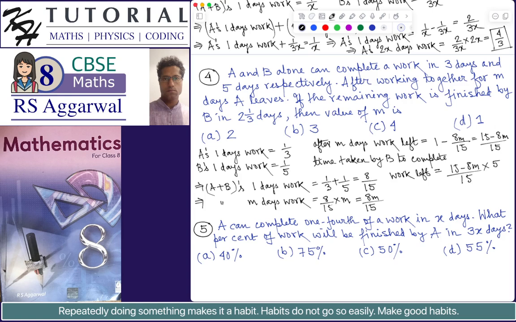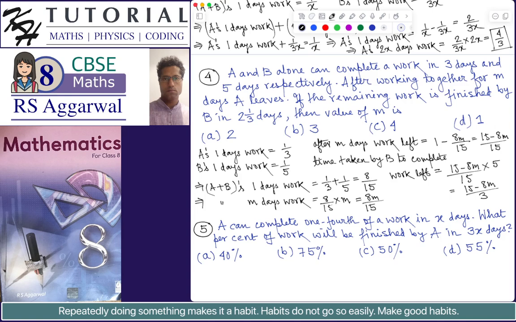The 5 is actually coming from 1 by 1 by 5. 1 by 1 by 5 is 5. So this is equal to 15 minus 8m by 3. So 15 minus 8m by 3 is the number of days that will be required by B to complete the remaining work, and the remaining work was 15 minus 8m by 15.